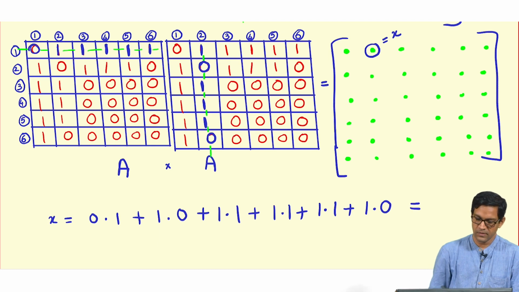If I add all this up, I get 3 into 1, so it is a 3 total.